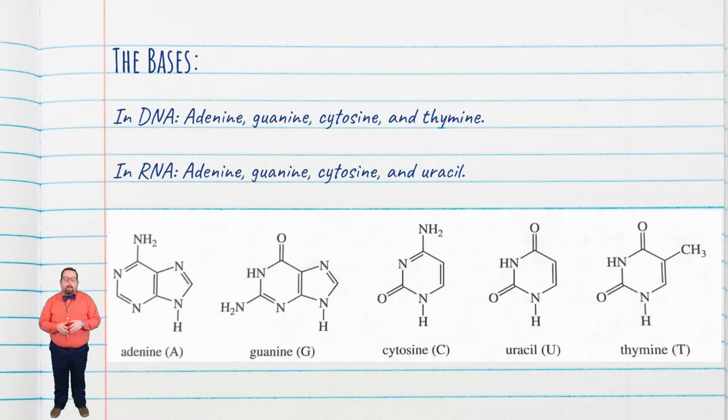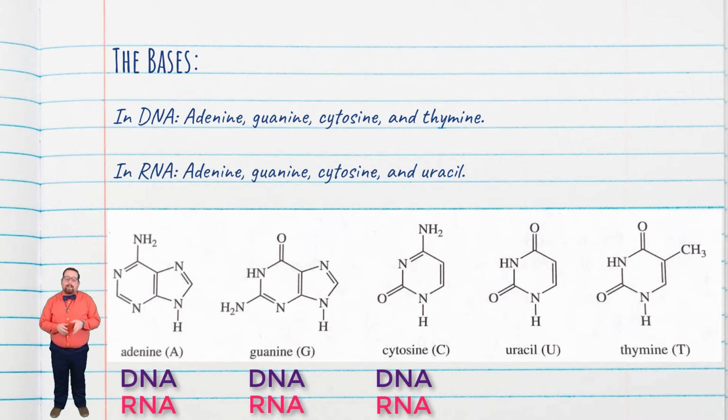The phosphate groups for both DNA and RNA are exactly the same, but the nucleotides of DNA and RNA have a different selection of bases. Here are the 5 bases, each of them an organic molecule containing nitrogen within their cyclic structures. Both DNA and RNA use 4 bases, 3 of them being adenine, guanine, and cytosine.